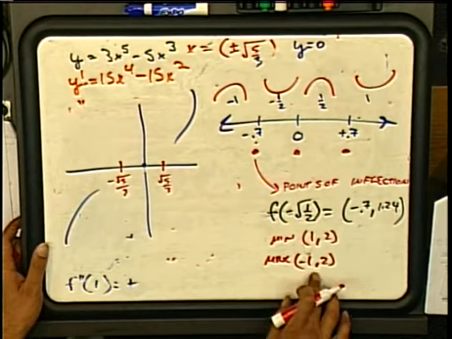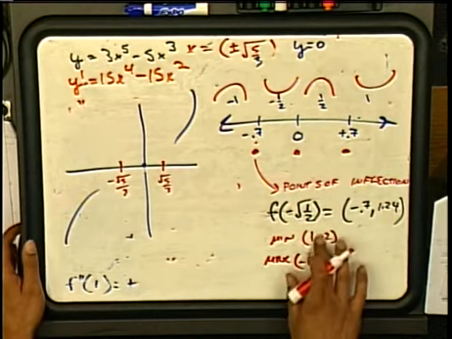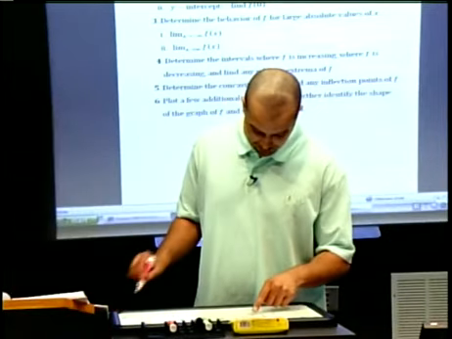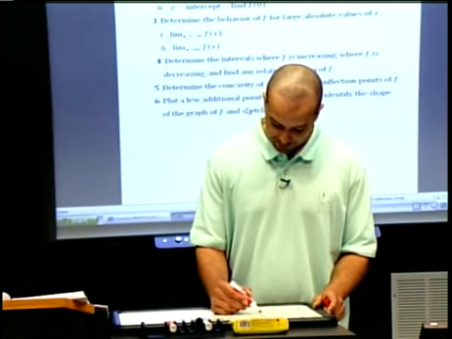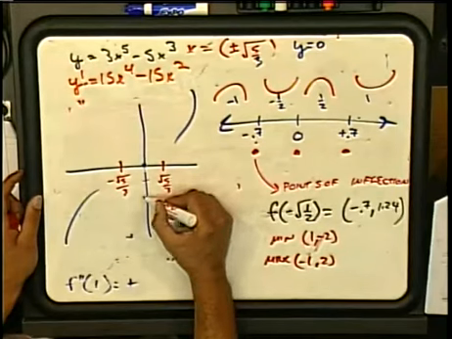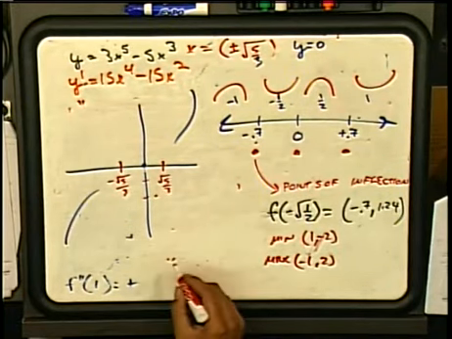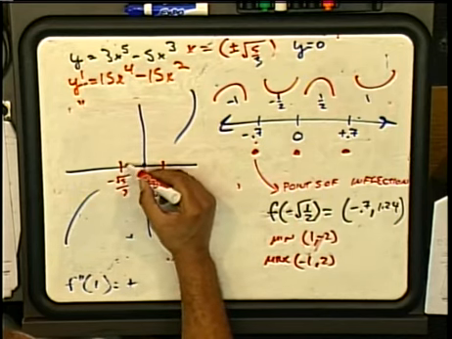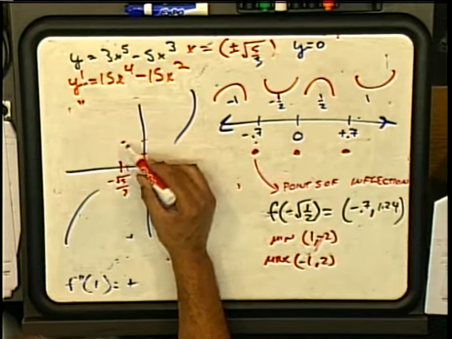Then your minimum is 1, negative 2. Like that. Yep. 1, negative 2. This is 1.3. That's 1, 2. And negative 1 and 2. That's 1.3.